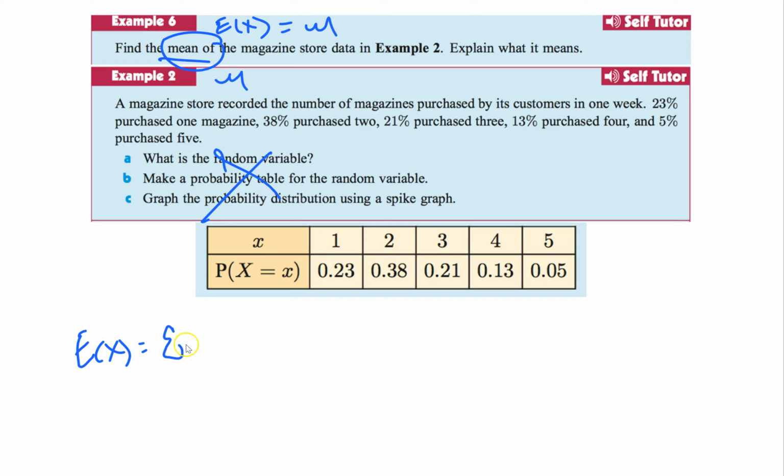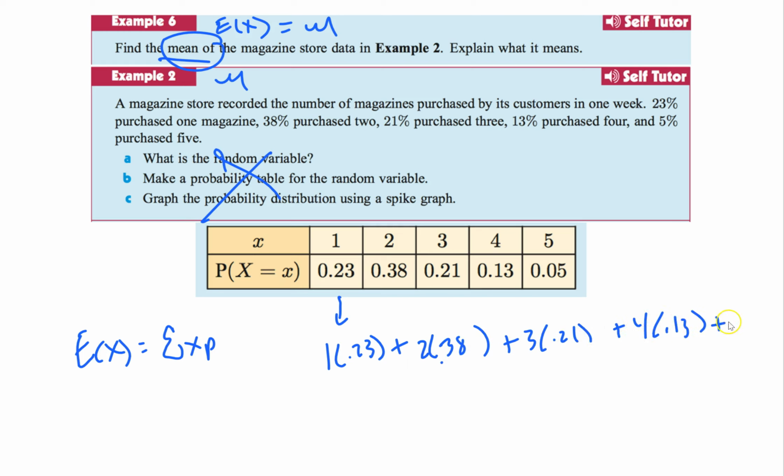Equals sum of x times p. So I'm going to multiply my x's and my p's. Right here, 1 times 0.23 plus, because of sum, 2 times 0.38 plus 3 times 0.21 plus 4 times 0.13 plus 5 times 0.05. If you add those all up, you're going to get 2.39. That's the expected value. What does it mean? On average, you expect about 2.5 people to buy a magazine.